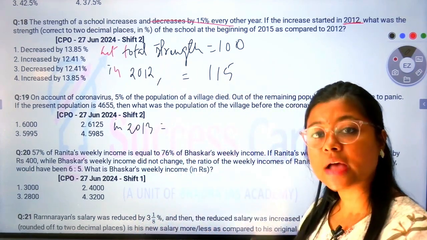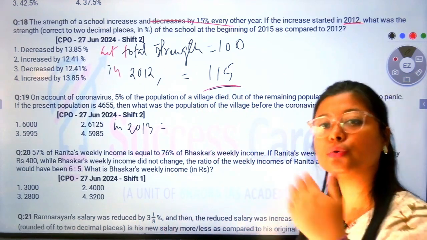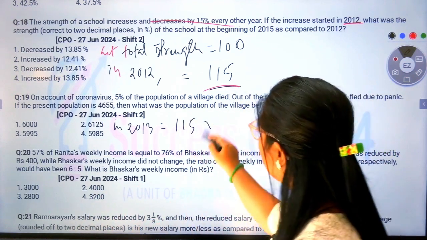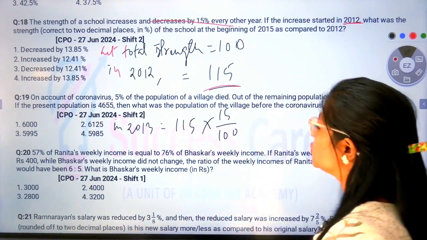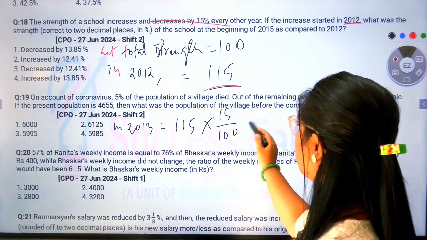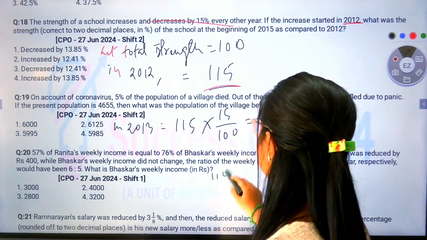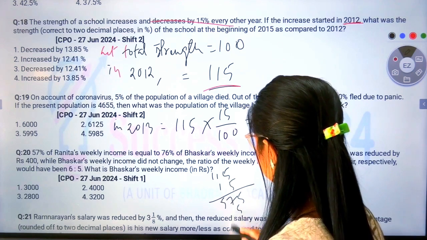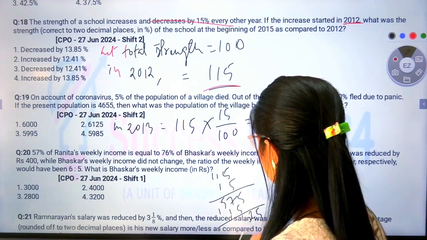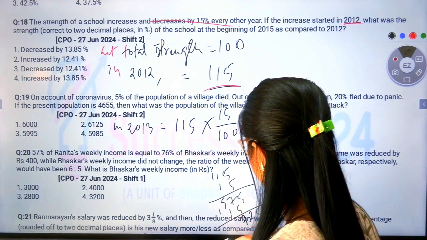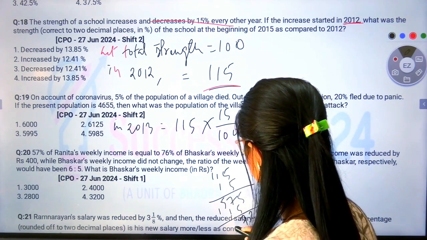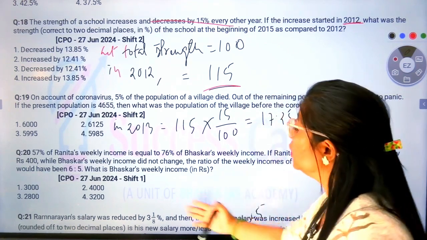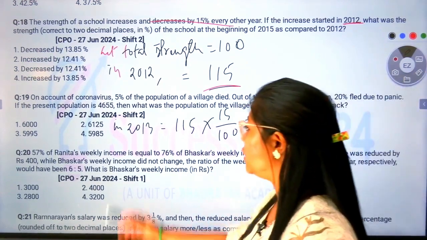Now in 2013 the value gets decreased. Upon what would it get decreased? Upon 115, because after 2012, in 2013 my new value is 115. So upon 115, 15% gets decreased. So 15% of 115 would give rise to how much? If you do the calculation, 115 times 15, this is 17.25. So it decreases by 17.25 in 2013.